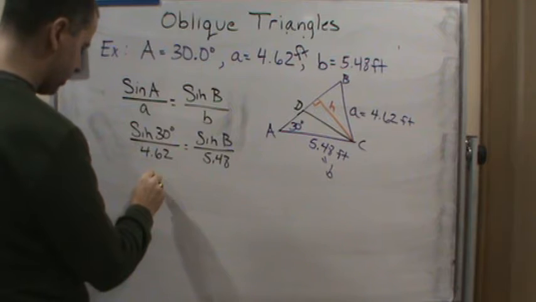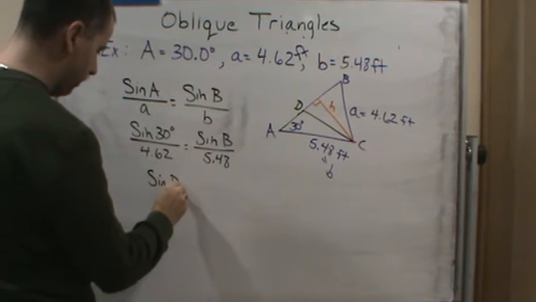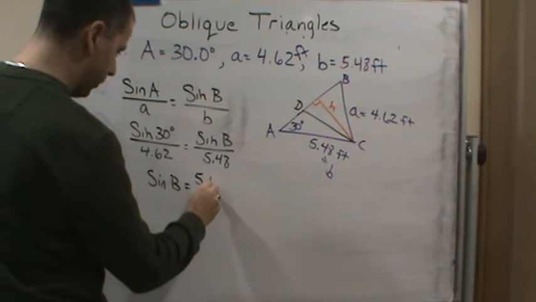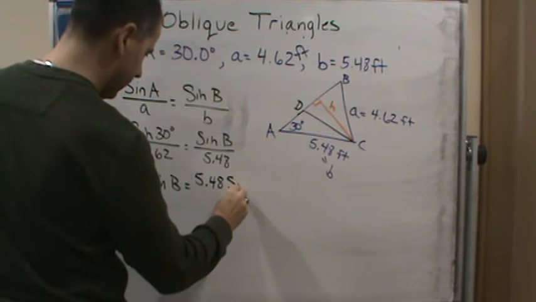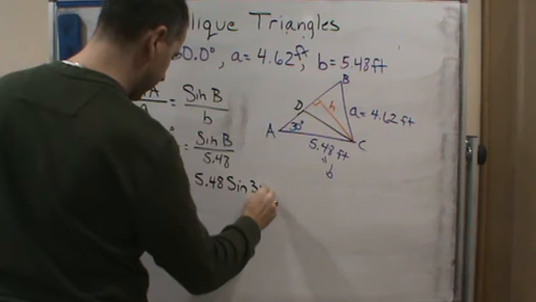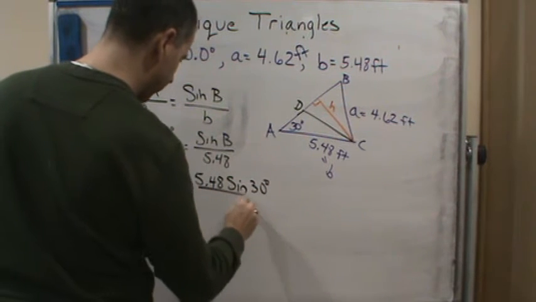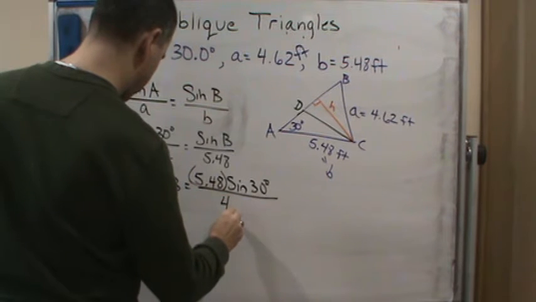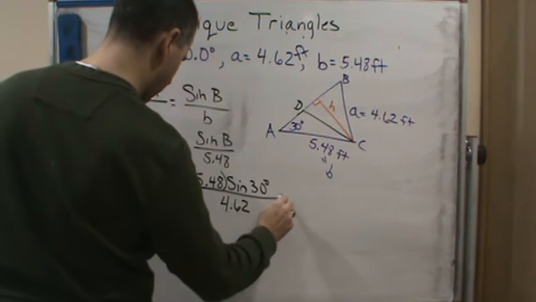And so sine B is going to equal 5.48 times sine of 30 divided by 4.62.